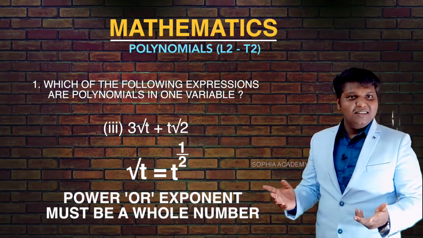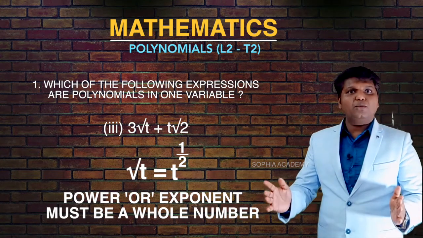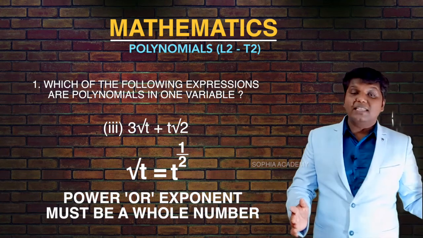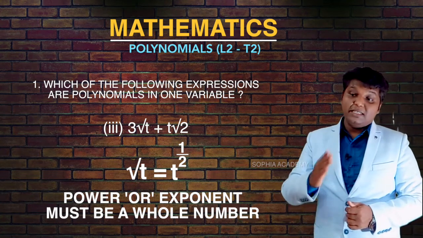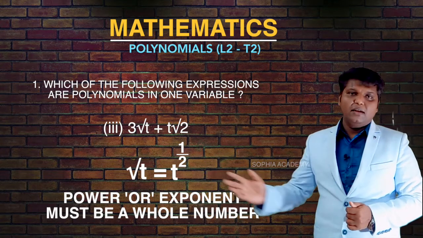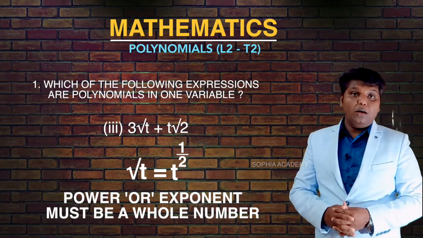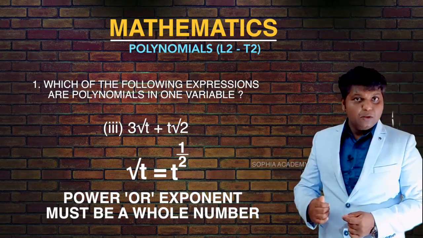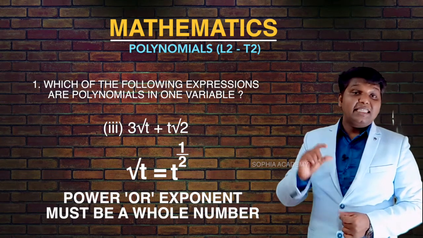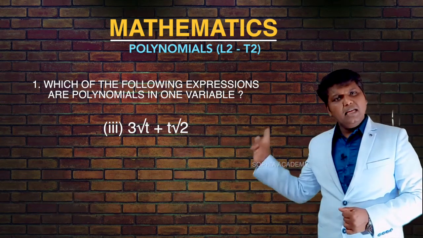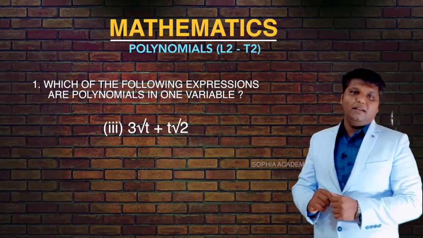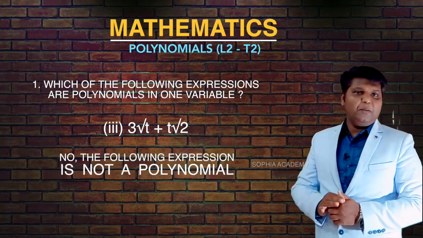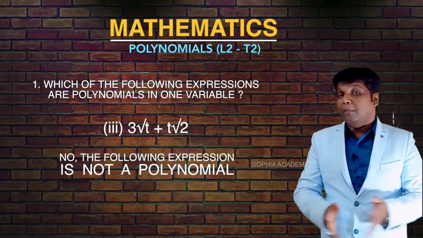What is a whole number? Whole numbers are all the natural numbers, the counting numbers, along with 0. That means 0, 1, 2, 3, 4, 5, 6, 7. Is it a whole number now? No, it's a fraction. So even though there is a single variable, this is not a polynomial.